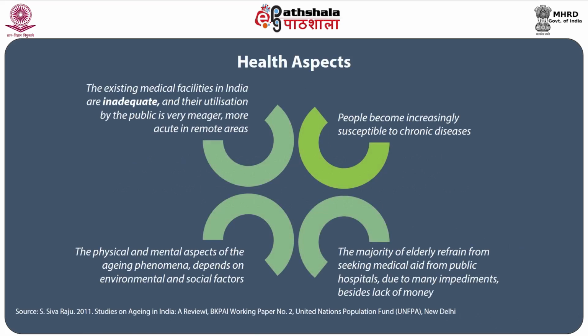What are the health issues that confront the elderly in our society? People become more and more susceptible to chronic diseases, physical disabilities and mental incapacities as they grow older. The majority of them refrain from seeking medical aid from public hospitals due to many impediments besides lack of money.